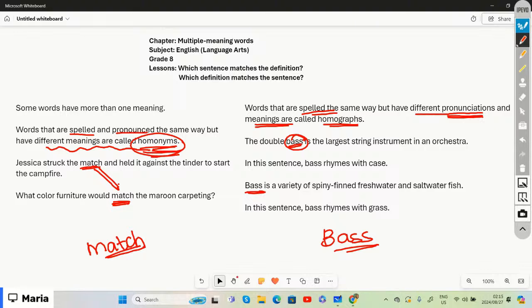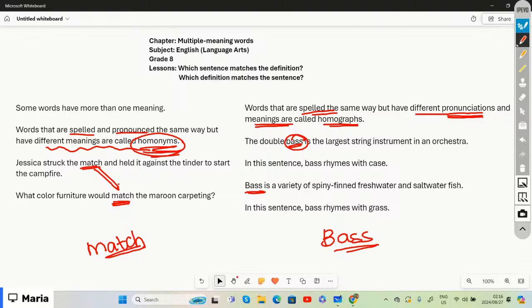As you can see, the meanings are different because the first one is a large string instrument, and the other one is a spiny, finned freshwater and saltwater fish. The meanings are different, the pronunciations are different. It's just that they're spelled the same way, and we call them homographs.